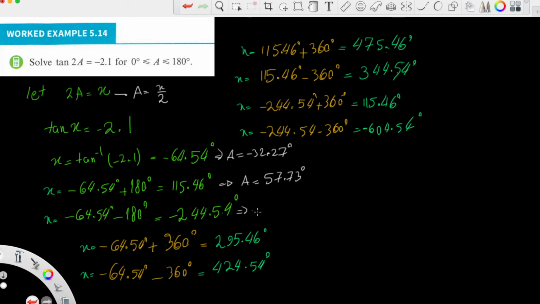Here a will be negative 122.27. Here a will be equal to 295.46 divided by 2, which is 147.73 degrees. Here a will be negative 212.27 degrees.